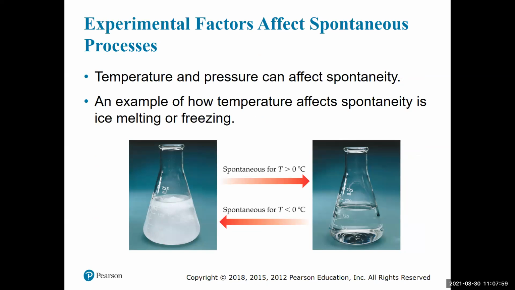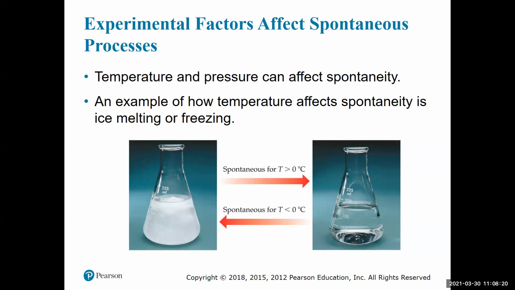In the Erlenmeyer flask on the left, we have water in there, and it's kind of hard to tell on the slide, but it looks like it's frozen. And then on the right-hand side, we have another Erlenmeyer flask with about the same amount of water, and in that case, it's in its liquid form.